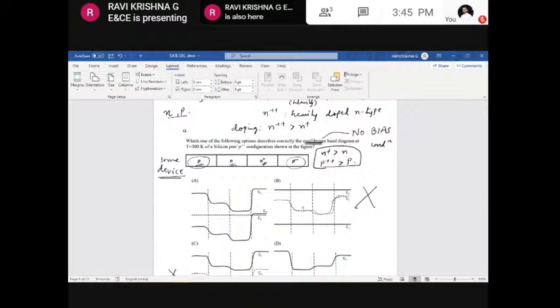Whenever we dope the semiconductor heavily with either acceptor atoms or donor atoms, usually the Fermi level will go deep inside the band.